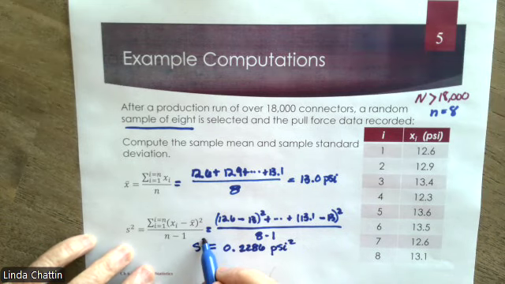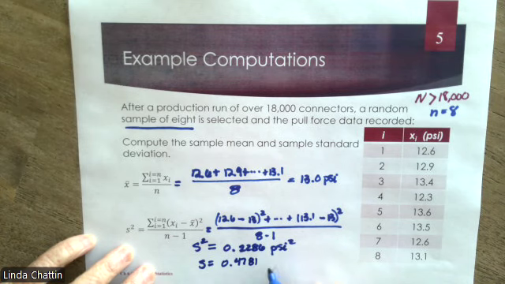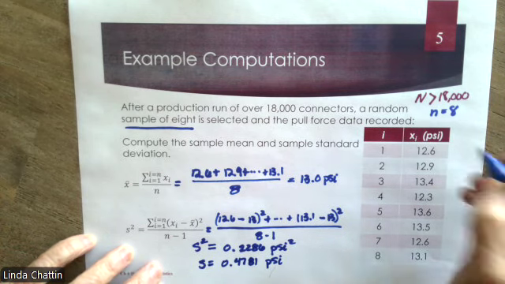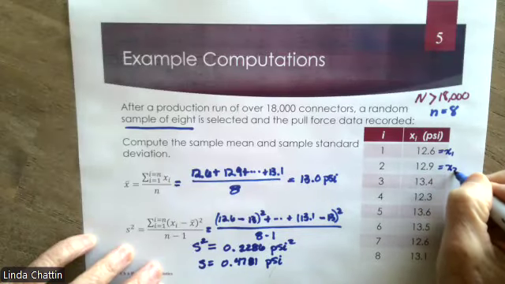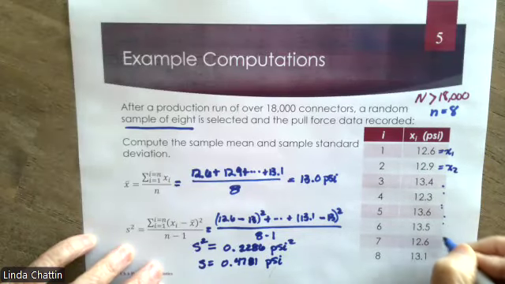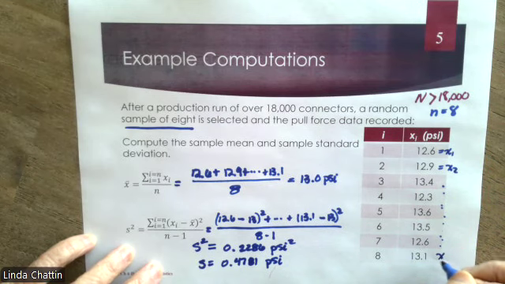If I wanted to find the sample standard deviation, I would just take the square root of that, and that works out to be 0.4781, and now the units are just in PSI because I took the square root. Now, I want to point this out too. This up here would be considered x1, this is x2, dot, dot, dot, and then this would be x8.